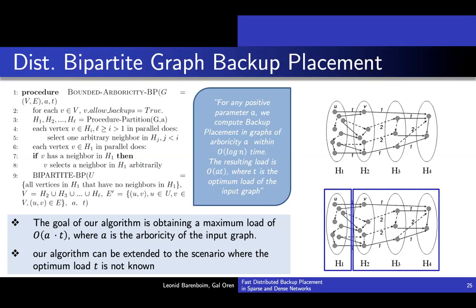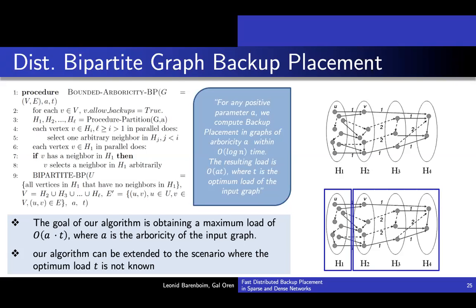For the backup placement problem, this implies that it is possible to create a backup placement from any Hi, while i is greater than 1, to a vertex in Hj, while j is smaller than i. To this end, all vertices in Hi, while i is greater than 1, select in parallel neighbors in sets with smaller indices than their own, one neighbor each.